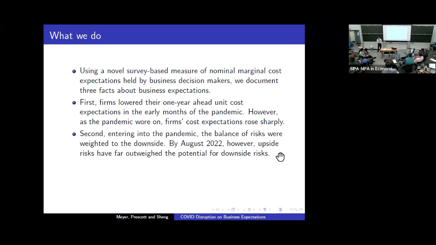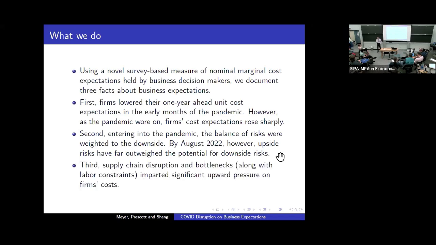Second, as we track firms, not only their mean forecast, but the whole probability distributions, we can look at higher moments. What I'm going to show you later is that entering the pandemic, the balance of risk was to the downside. But by early 2021, 2022, excuse me, upside risk clearly outweighs the potential for downside risk.